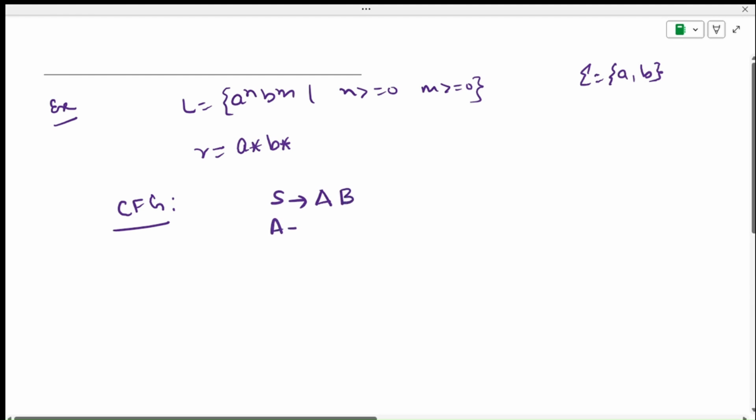A is nothing else but repetition of small a, and star means it can go up to null, so I can write this null. Similarly, the variable B is nothing else but the repetition, that is a loop, that will keep adding small b into the string, so bB or null. Why null? Because it can go up to 0. So the context-free grammar for a star, b star is this.